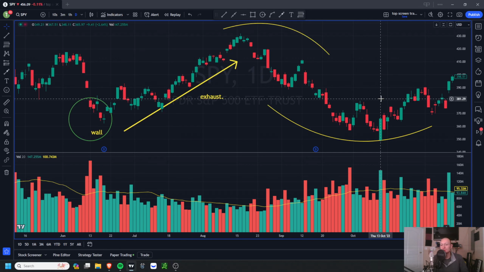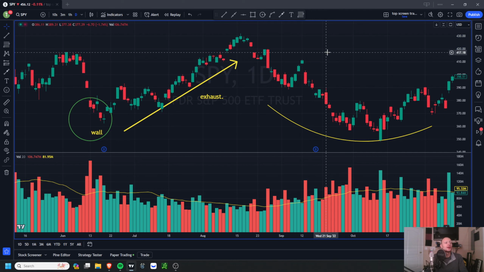Whether that means shorts turning into buyers, or shorts taking profit and buying back their shorts, or just buyers in general, right? This is an example. Okay, so you can kind of see how this works.